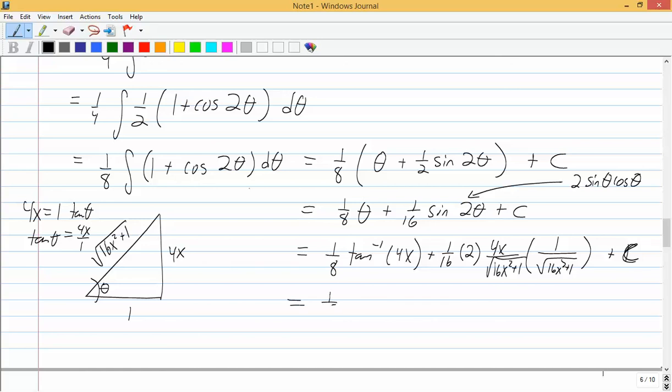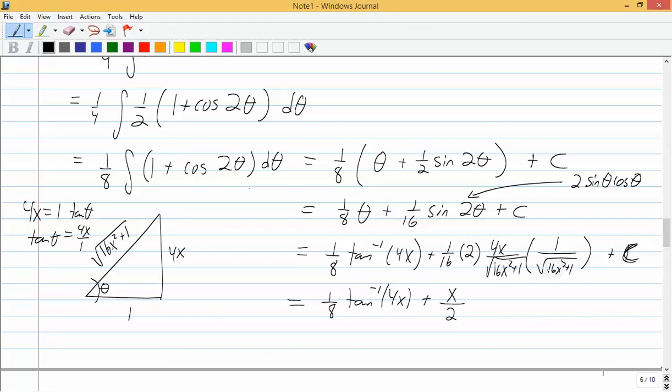Alright, so that's 1/8 inverse tangent 4x. Now I have a 4, a 2, an x. So that's going to be 8x over 16. So that's going to be what? Plus x over 2. Right? Because the 8 and the 16 cancel out.